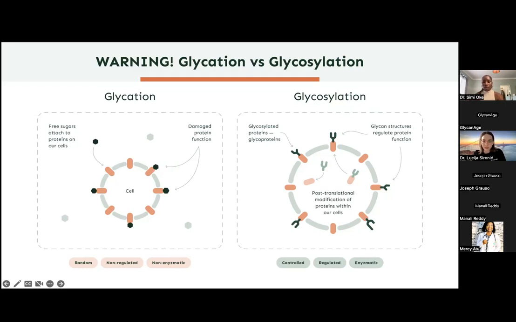What we're talking about with GlycanAge is glycosylation, and it's not unusual that people get these confused, but glycosylation is a very different regulated process, ultimately post-translational modifications that happen to proteins when they're transcribed by DNA.